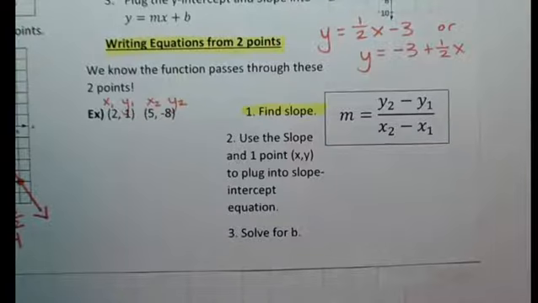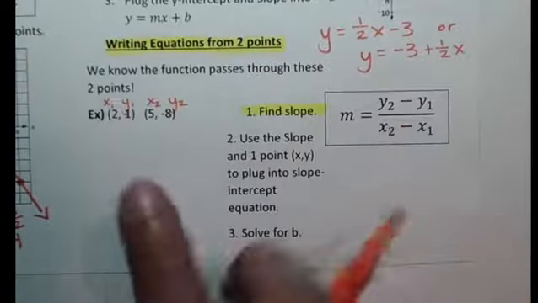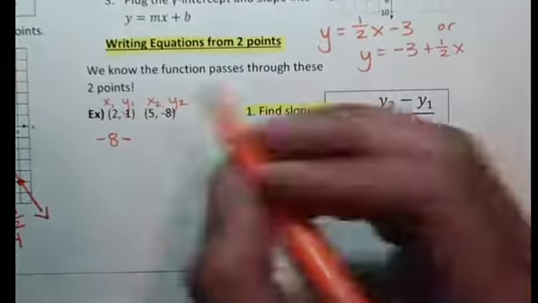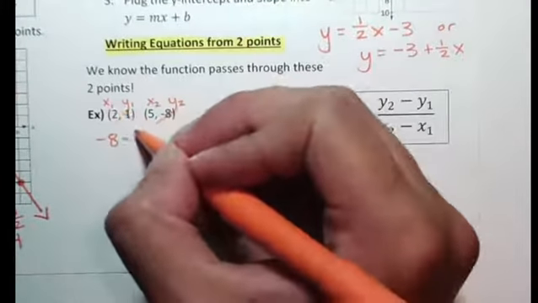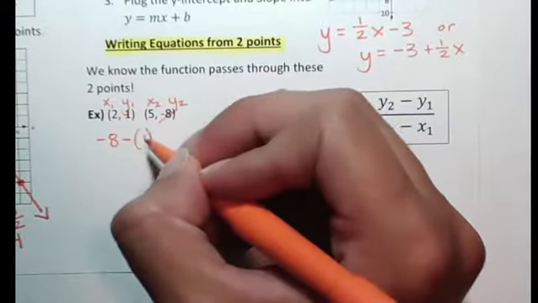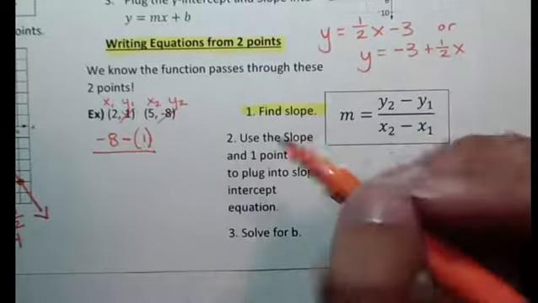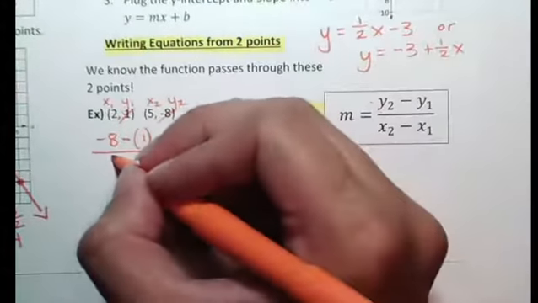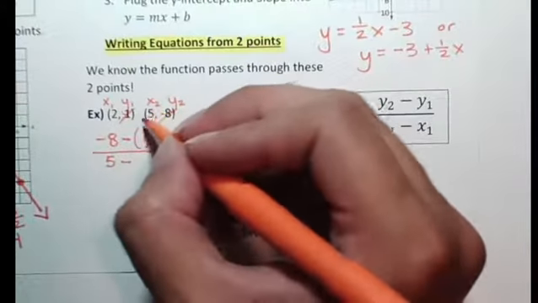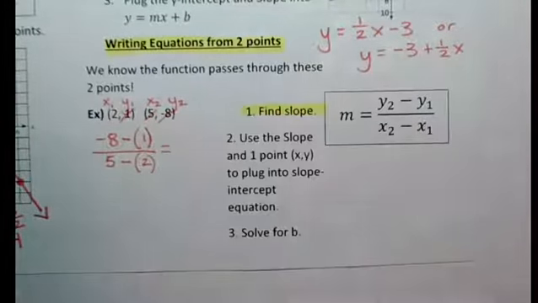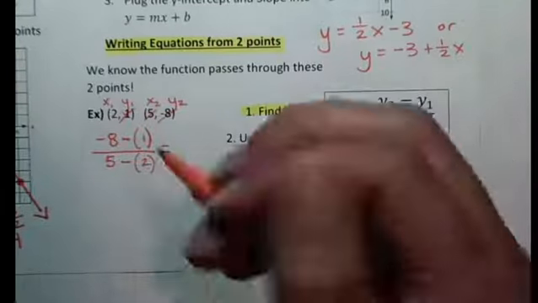And let's go ahead and put this into the equation. So my y2 here is -8 minus my y1, which is a +1, all over x2 minus x1. x2 is 5 minus my x1, which is 2. So once I have that plugged in, let's find the slope.